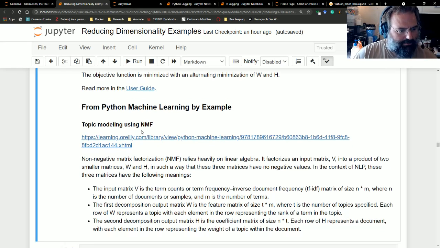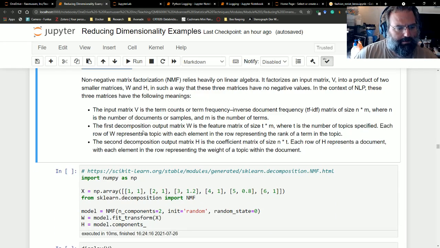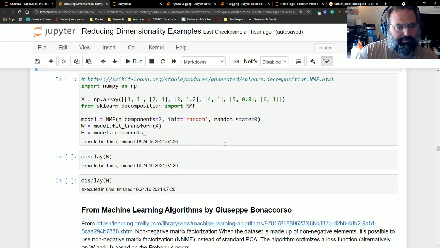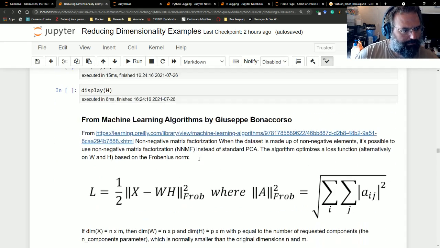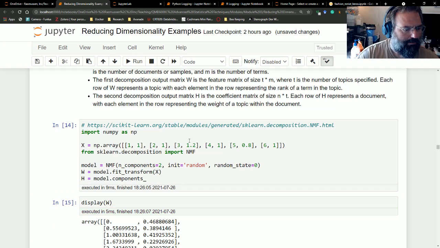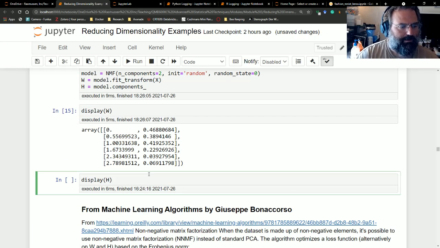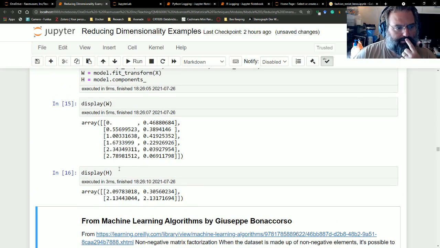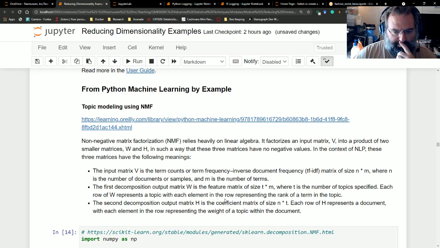And the basic idea here was, I believe, it allowed you to kind of preserve distances between things while transforming them to fewer dimensions. I think that was this one. Let's go ahead and run it and see here. So this is creating the W and the H, where W is the weight. H is, I think, in this case talking about documents.